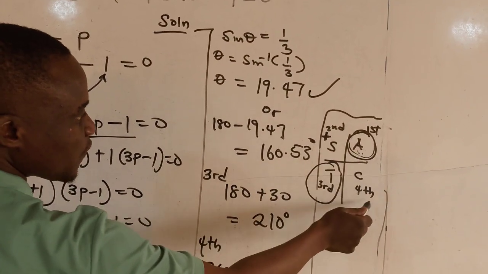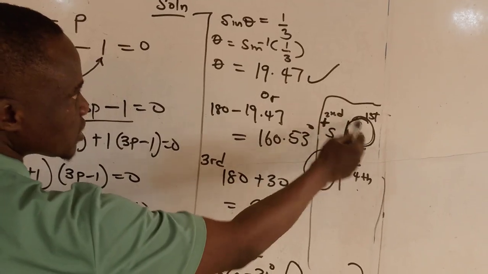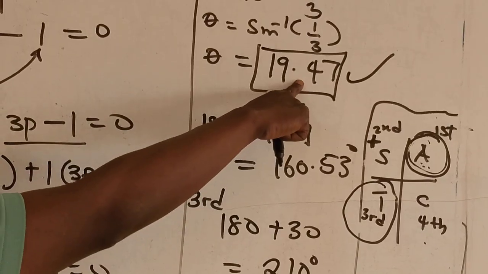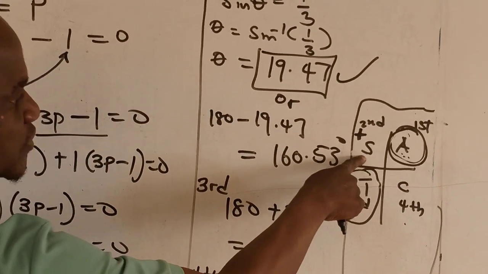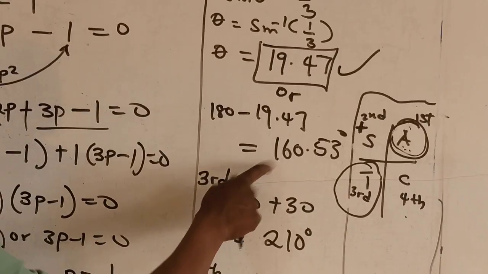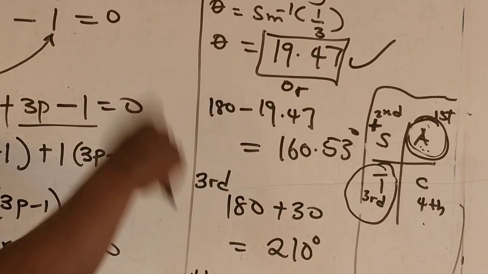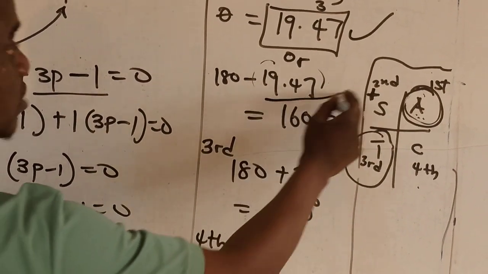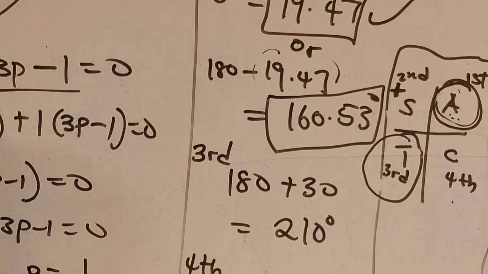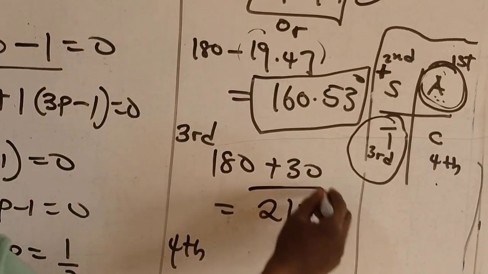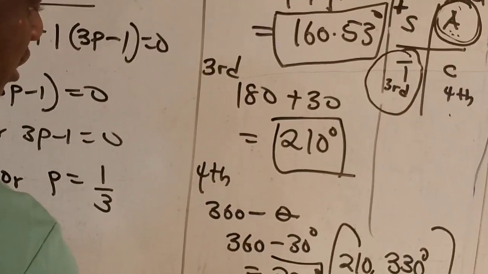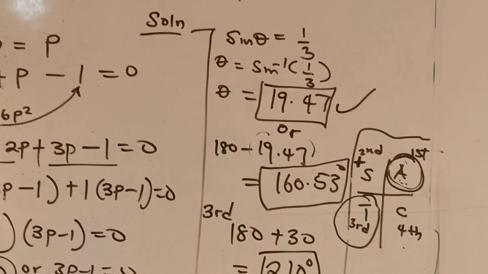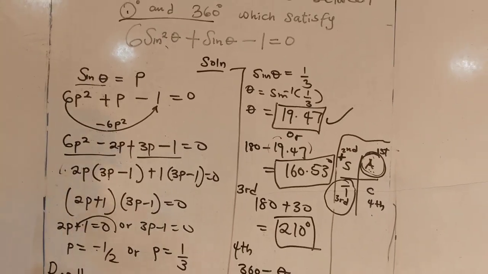It is positive in the first quadrant, which means the first one for 1/3 is 19.47. It is also positive in the second quadrant, where the formula is 180 minus theta, so the second one is 160.53. For negative half, we have 210 and 330. So when you see a question like this, this is how to go about it. Thank you for watching.